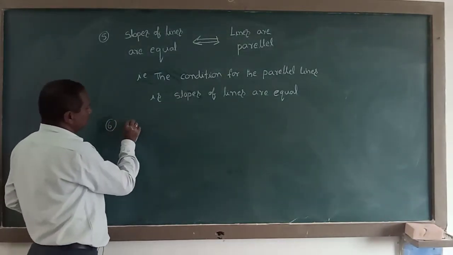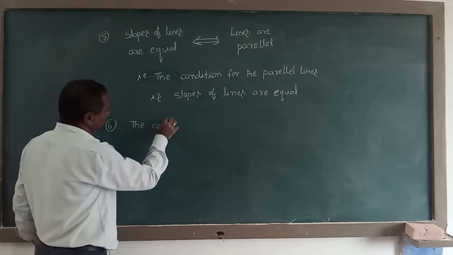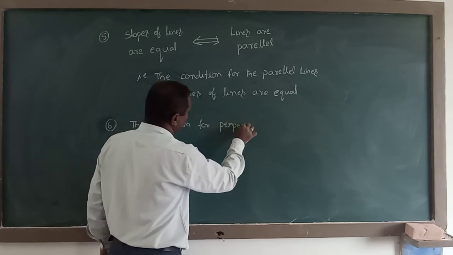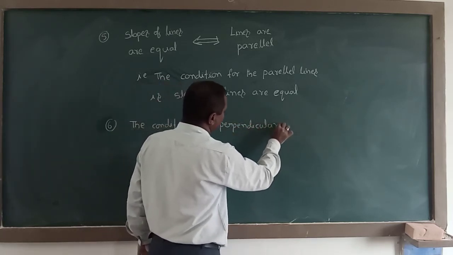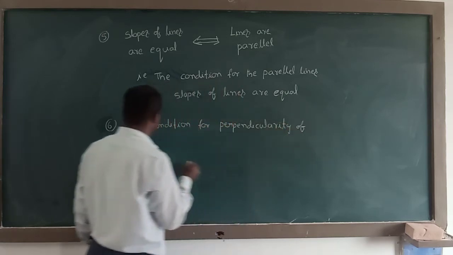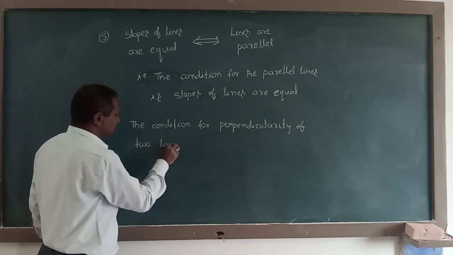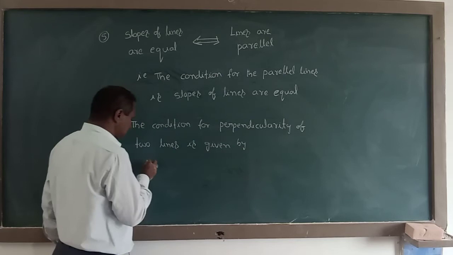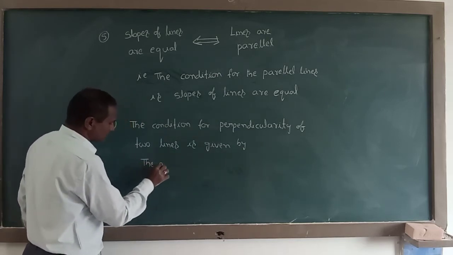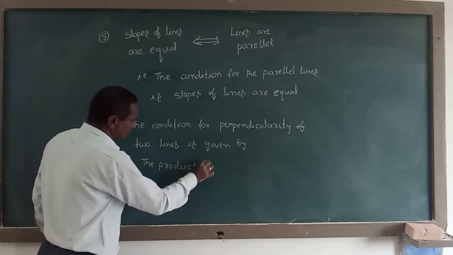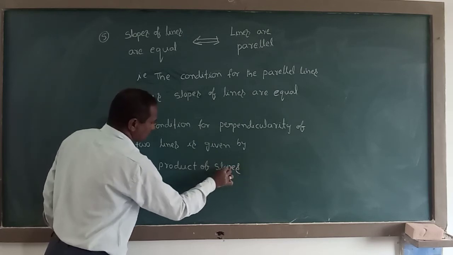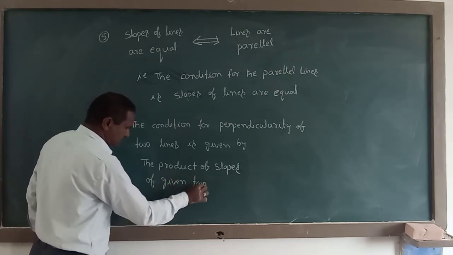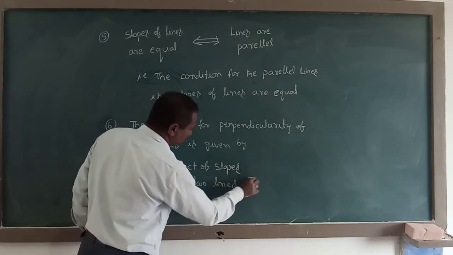Sixth, the condition for perpendicularity of two lines is given by the product of slopes of given two lines is equal to -1.